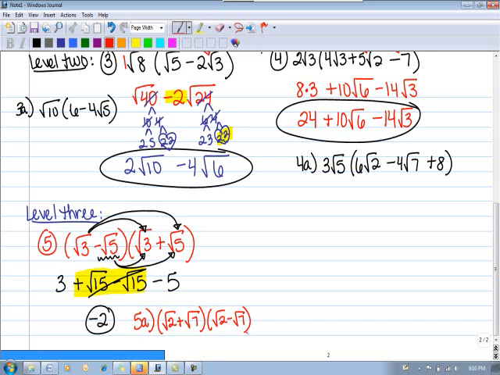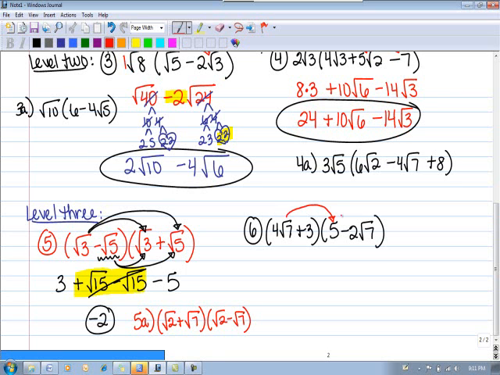Okay, and then the last question for the day, let's do question number 6. Let's do 4 radical 7 plus 3 times 5 minus 2 radical 7. Alright, and let's follow this process all the way through. So we're going to distribute the 4 radical 7 to the first term in the second set of parentheses.